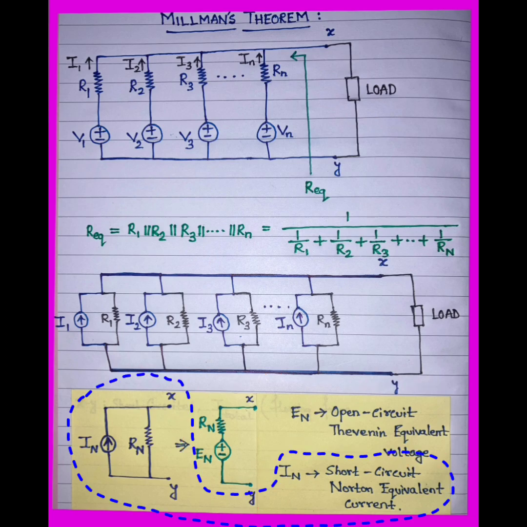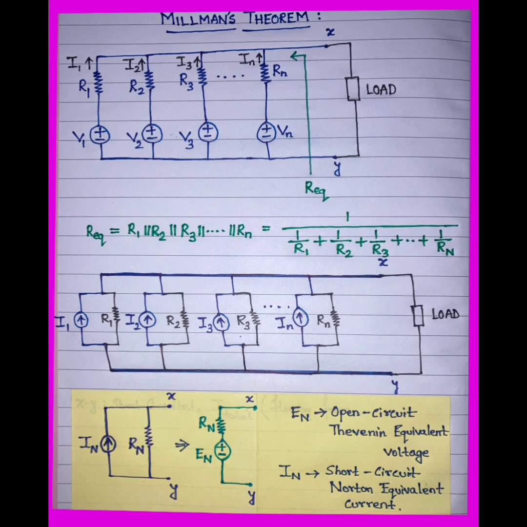Or we will have a Norton equivalent short circuit current in parallel with the R equivalent, connected with X and Y, and over there another load is connected. Interchanging the voltage source and the current source, or doing the source transformation, we can see that a current I1 is flowing because of V1 and R1, because current I1 is equal to V1 by R1, current I2 is equal to V2 by R2, and current I3 is equal to V3 by R3.